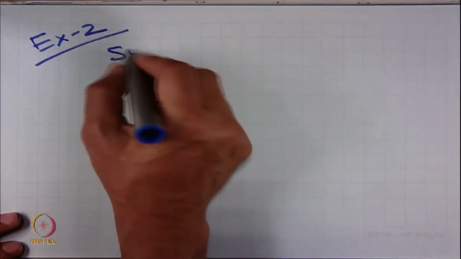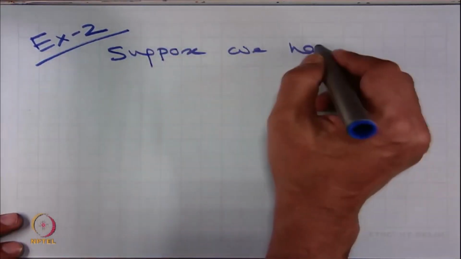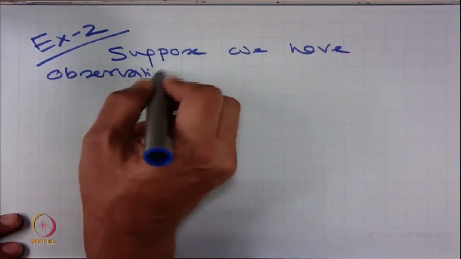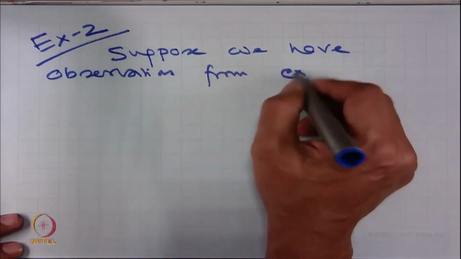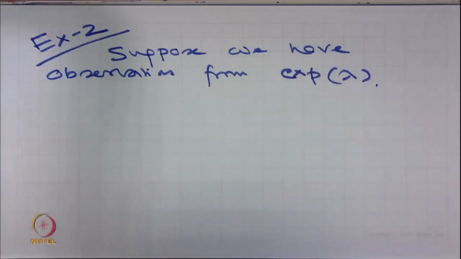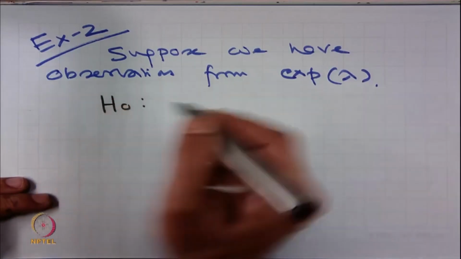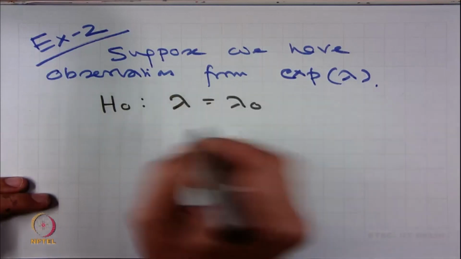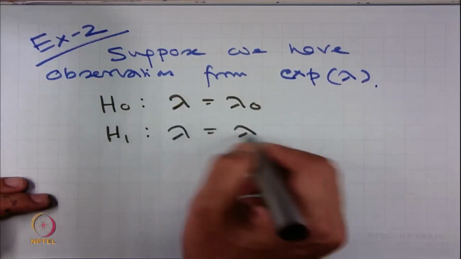Suppose we have observations from exponential lambda, and our H naught is lambda is equal to lambda naught and H1 is lambda is equal to lambda 1.